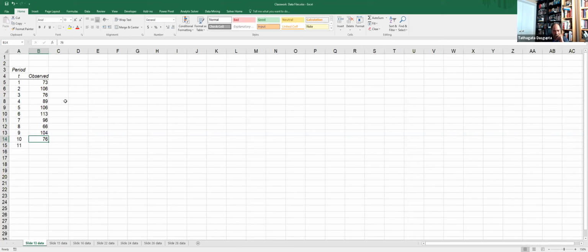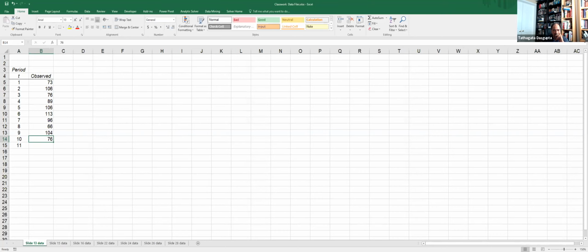What you want to do is take the following steps. If you go back to the slide, it says that you need to construct a column which is called AT. I'll show you how it's done. Let me share this screen with you.